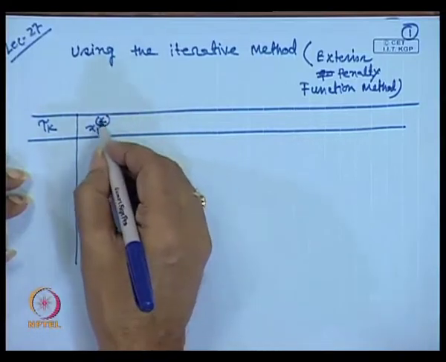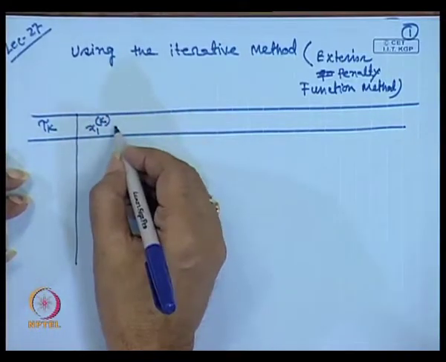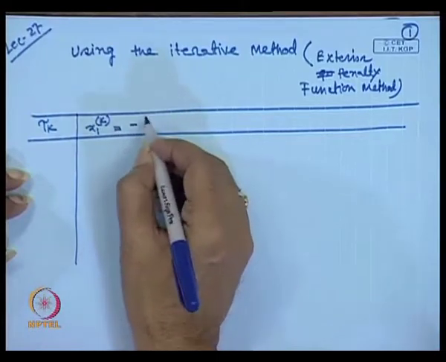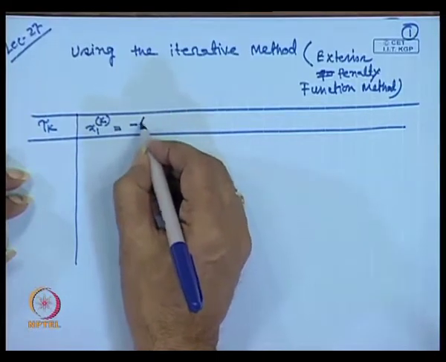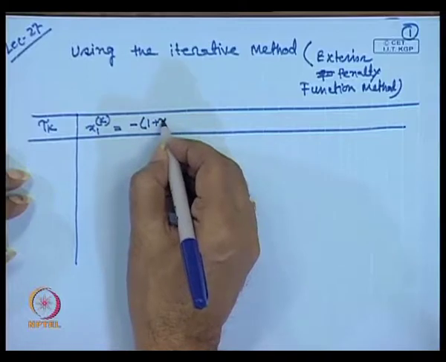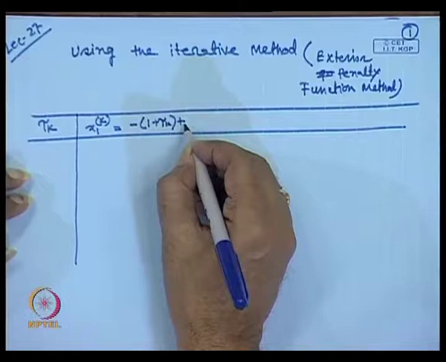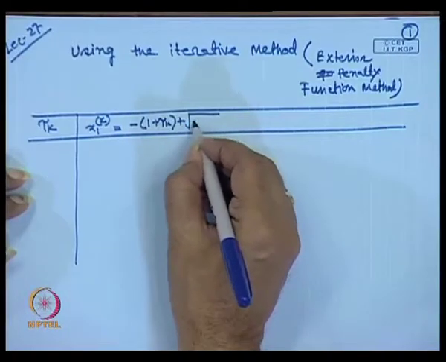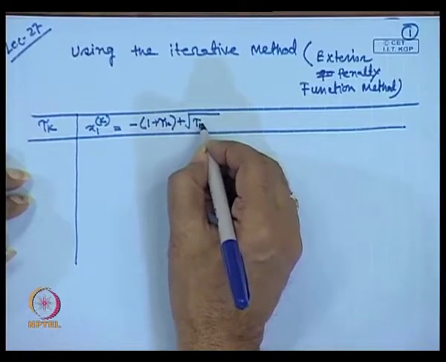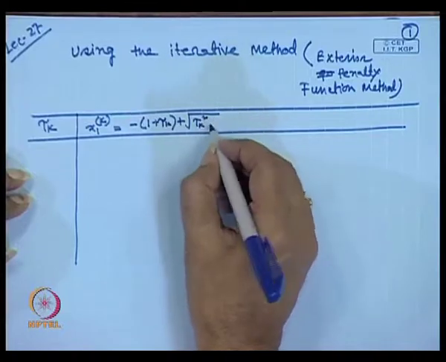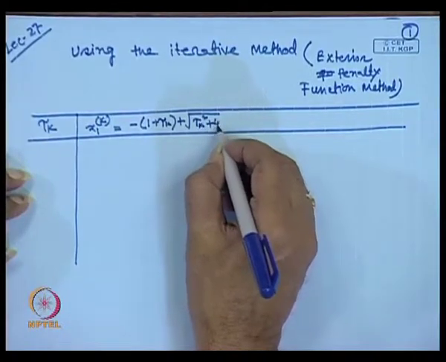Then you write the penalty function value, a function of x superscript k and tau k, and then you find the function value f of x superscript k.